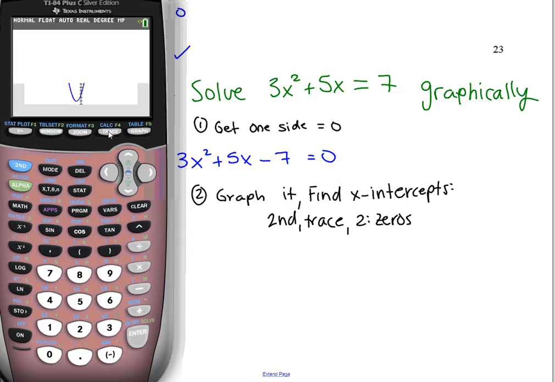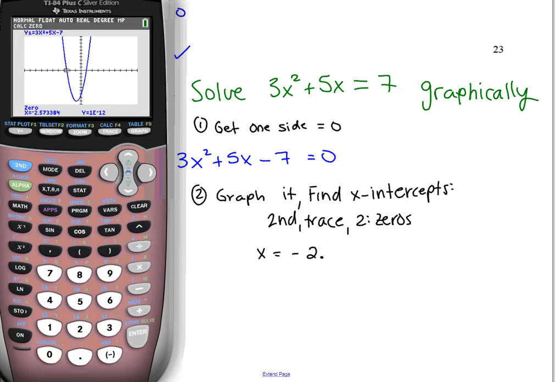So second trace 2, we'll have to do this twice. Enter, right side, enter, right, left, right. And your guess, you don't really have to make a guess. So the first one would be negative 2 point. Let's go to one decimal place.